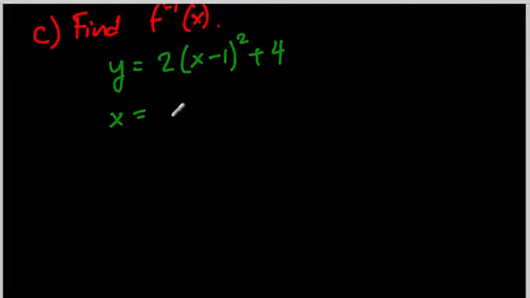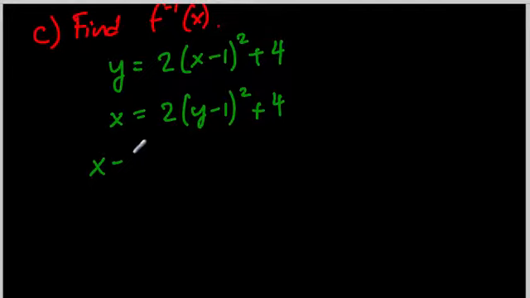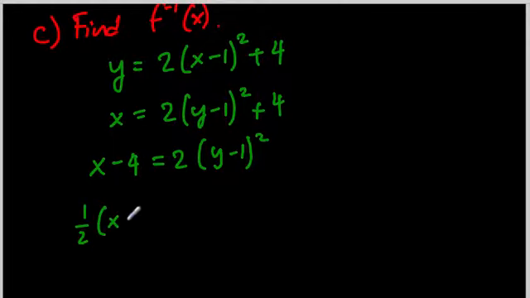So x equals 2 times (y minus 1) squared plus 4. And then I'm going to subtract 4, so x minus 4 is equal to 2 times (y minus 1) squared. Then I'm going to divide by 2, so half times (x minus 4) is (y minus 1) squared.